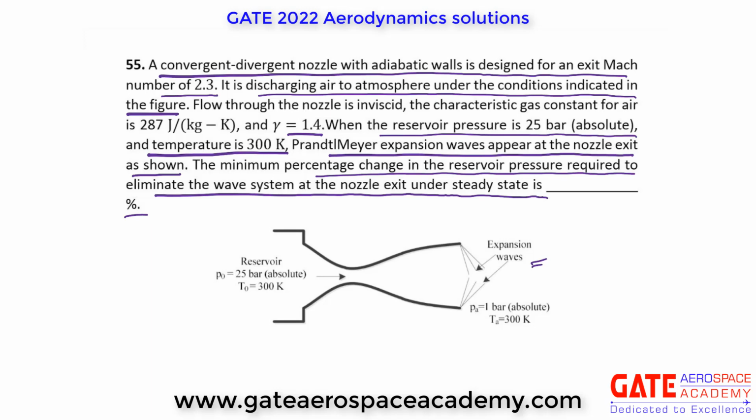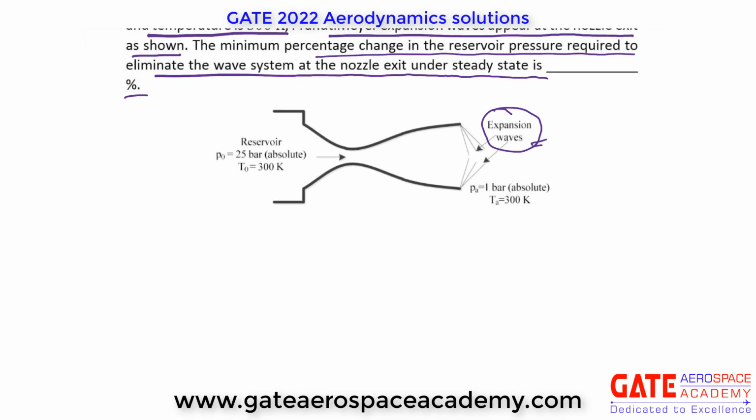So at 25 bar there is a formation of expansion wave at the exit. So we have to eliminate this, meaning it should be perfectly expanded according to design condition. So design Mach number is 2.3 given. So we have relation between stagnation pressure of the reservoir P0 and exit pressure P: P0 by P is equal to 1 plus gamma minus 1 upon 2 M square, power raised to gamma upon gamma minus 1.